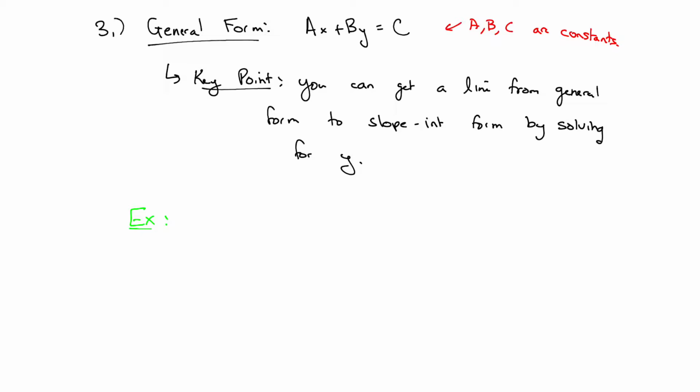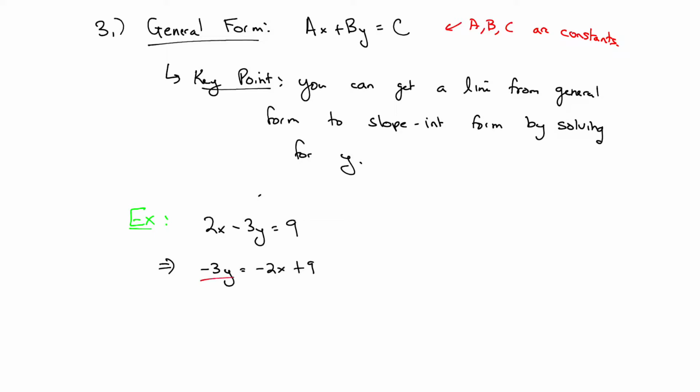So, as an example, if you had 2x minus 3y equals 9, you could convert this to slope-intercept form by first subtracting 2x. So you get negative 3y is equal to negative 2x, plus 9.